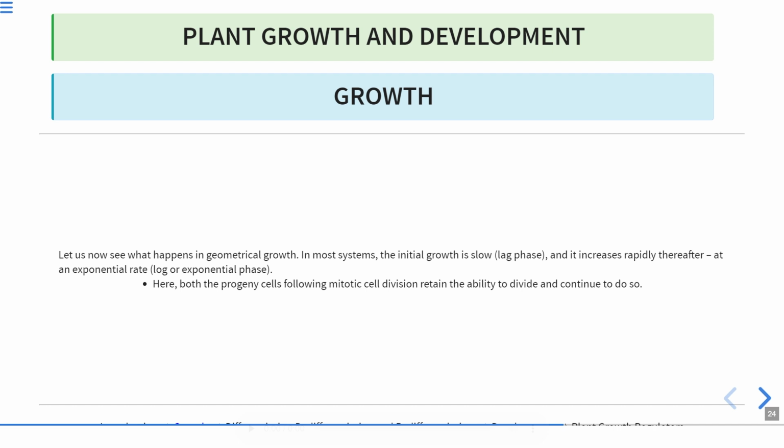The first time, the growth is very, very slow, and that is also called the lag phase, and it increases rapidly thereafter. After some time, this growth rate increases many folds, at an exponential rate. That is called the exponential phase, or log phase, right?